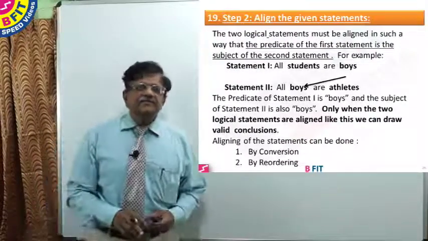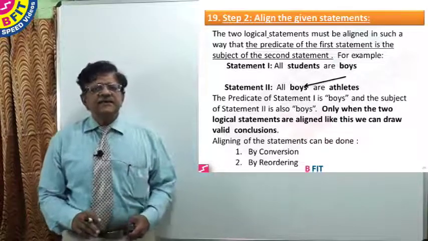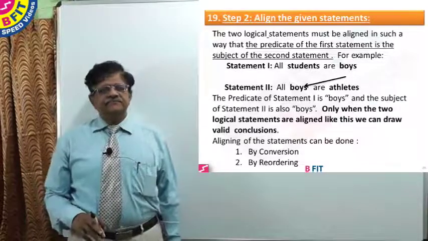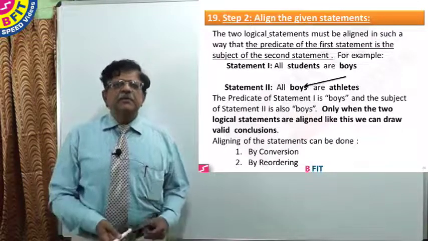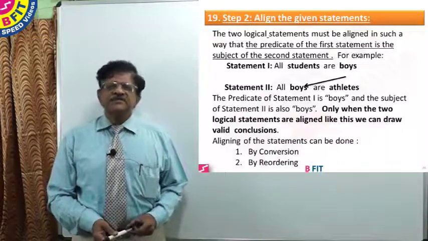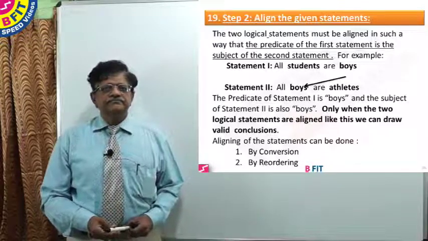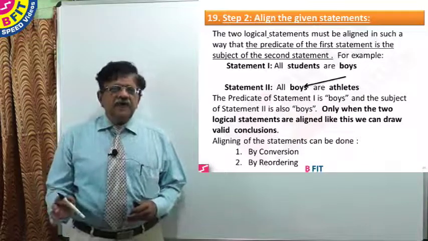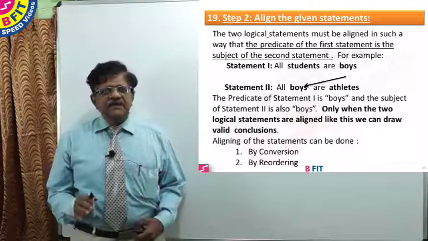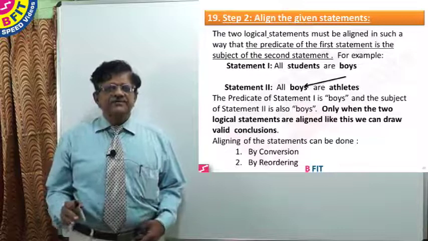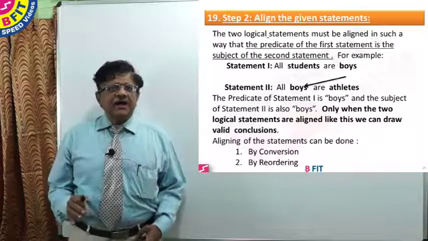The second step is the given statement must be aligned. Aligned means the predicate of statement 1 should be the subject of statement 2. There must be one common term, and then number 2, second condition is it must be aligned. For example, all students are boys and all boys are athletes.